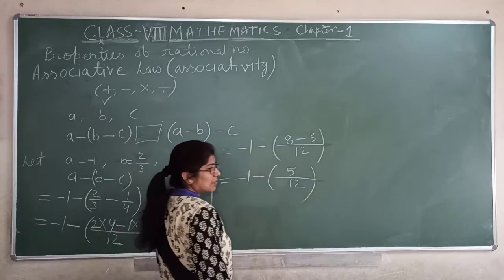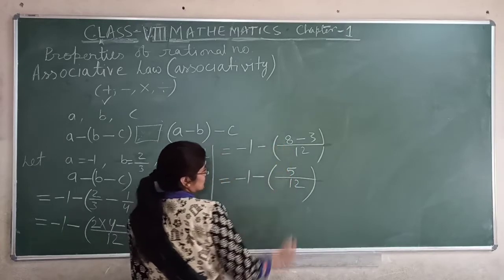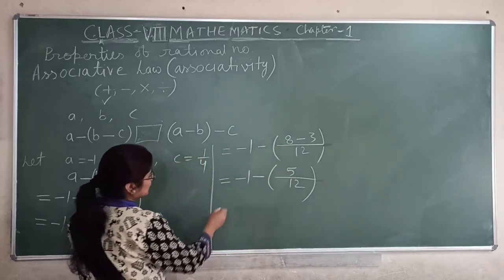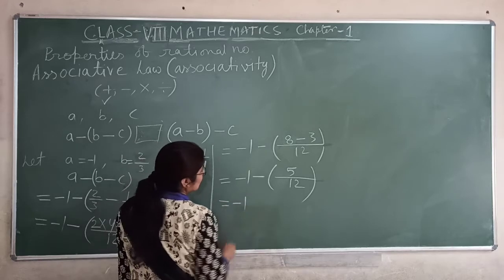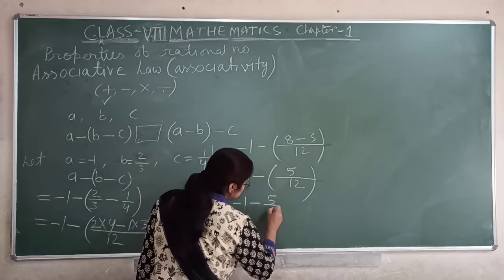If you apply the rule here, the sign of the greater number, so you are getting plus here. Then you have minus 1 minus 5 upon 12.